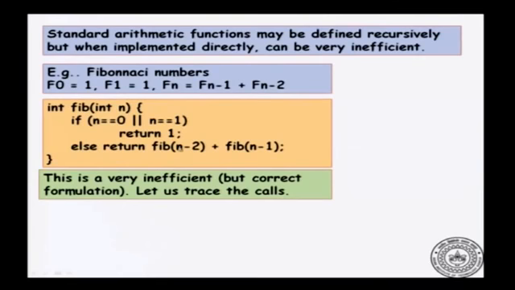So, if we code this up, it is a very simple function, int fib int n. If n is 0 or n is 1, you return 1. Otherwise, you return fib of n minus 2 plus fib of n minus 1. So, here is a very simple arithmetic sequence which is defined in terms of a two-way recursion.